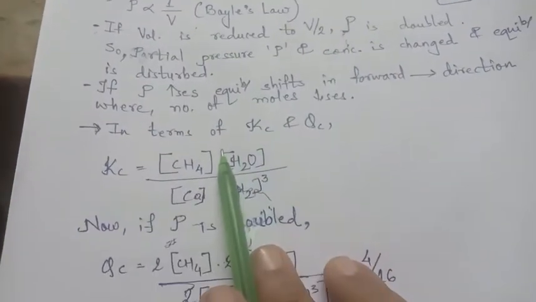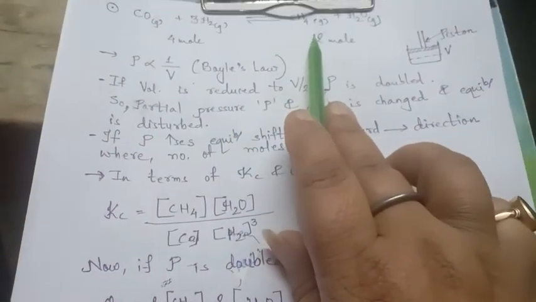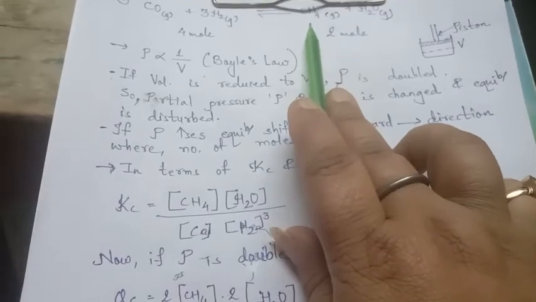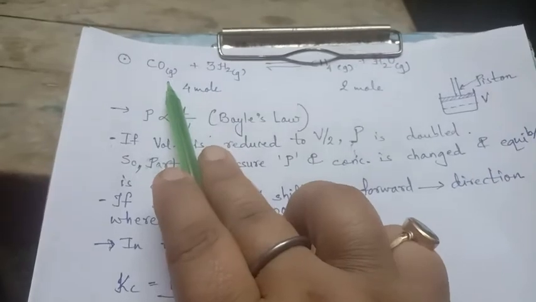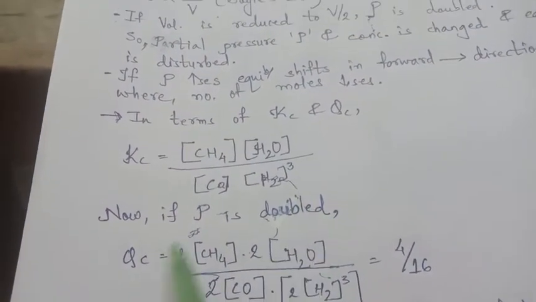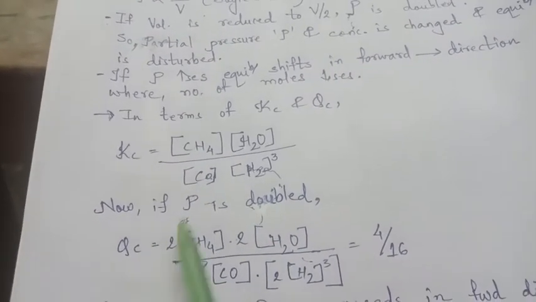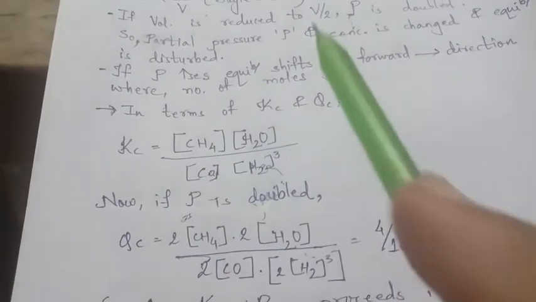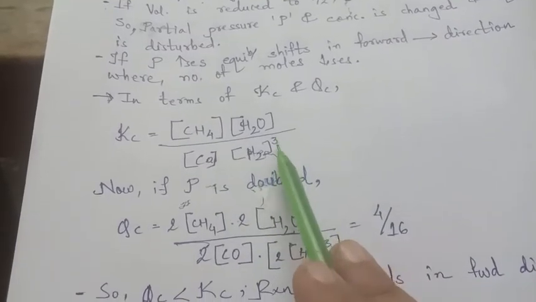Let us see it in terms of Kc and Qc. For this reaction, Kc is equal to the multiplication of products, CH4 into H2O, upon CO into H2 raised to 3. Right? Now if pressure is doubled, then Qc is equal to twice CH4, because pressure is doubled, twice H2O, upon twice CO into twice H2 raised to 3.